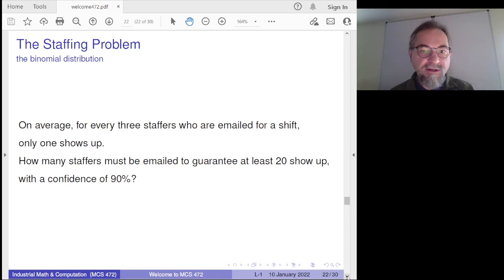You would think 60 might suffice, but it's not such a great answer. We will see this is not the correct answer, especially not if you want a confidence of 90%, so with probability 0.9, that 20 people will be there to staff your shift.